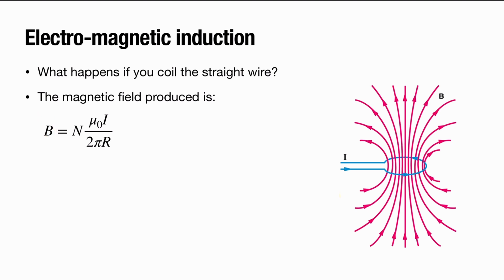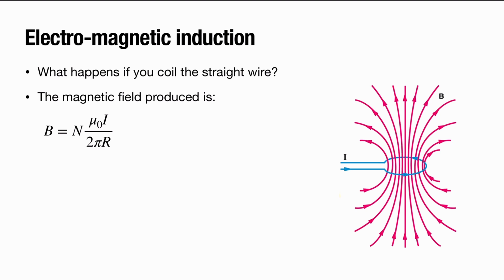Another way of saying this is that the smaller the radius of the loop, the larger the magnetic field is going to be. However, not only does the induced magnetic field depend on the current and the radius, but it also depends on the number of loops. N here is the number of loops.